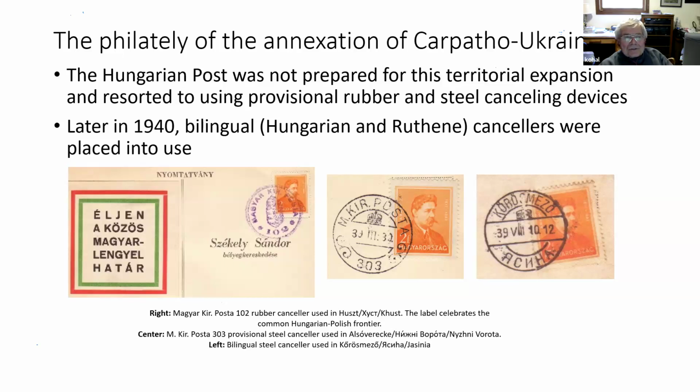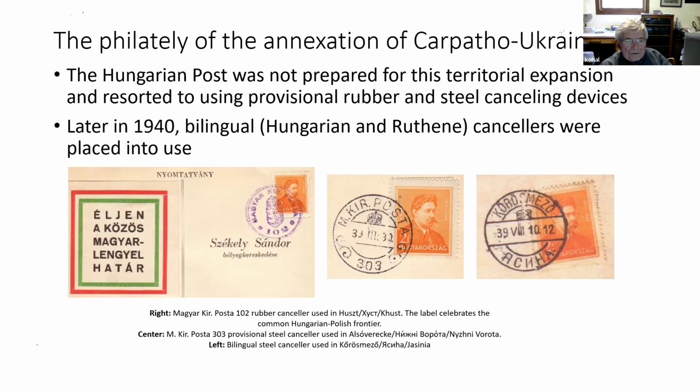The occupation of Carpatho-Ukraine was not something that the post office anticipated, so they did not have any visa-tiered cancellations for use in that territory. They basically just used their provisional steel and some rubber cancels in that area. The reorganization of Carpatho-Ukraine in 1940 resulted in bilingual cancels, used Hungarian routine.